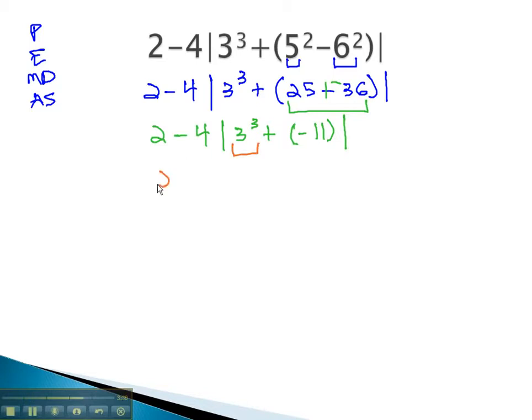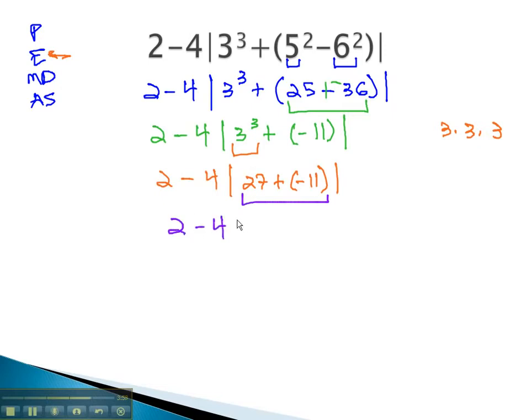Next, we're going to do the exponents after the parentheses. 2 minus 4, absolute value, 3 cubed, that's 3 times 3 times 3, which is 27, plus negative 11. And still working inside that absolute value, 27 plus negative 11, it's going to be positive, 27 minus 11 is 16.